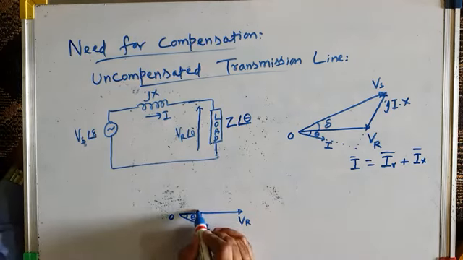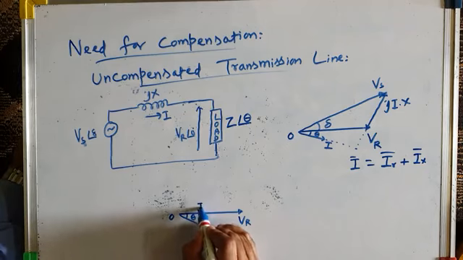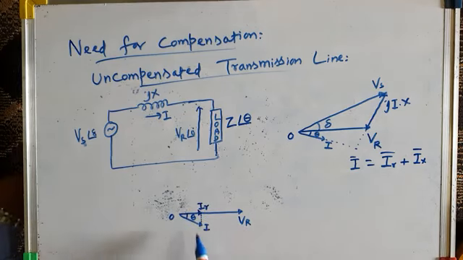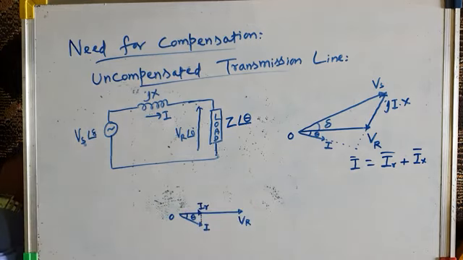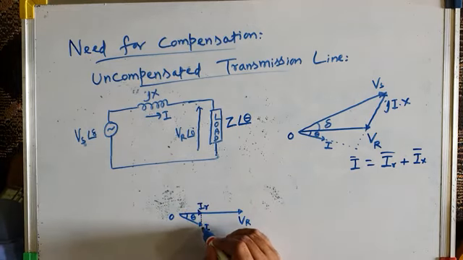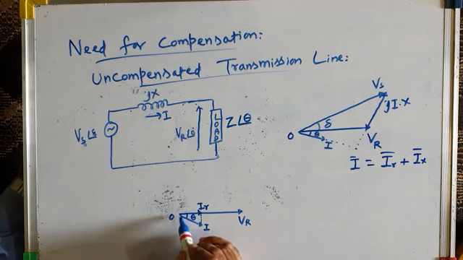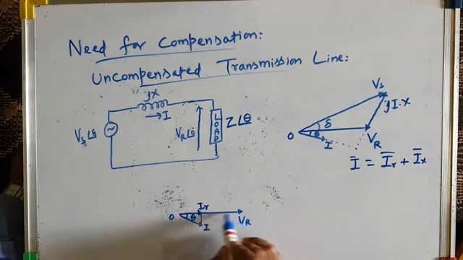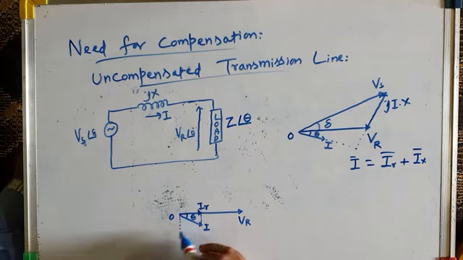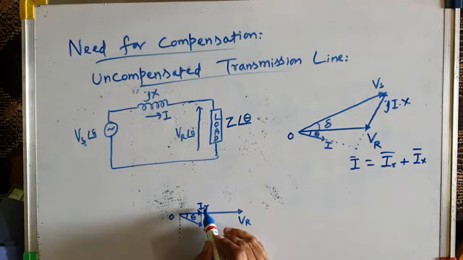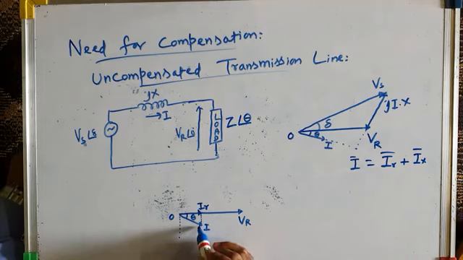The in-phase component, let us call it IR, where R stands for the resistive component, is in phase with the voltage and determines the active power transfer to the load. The current also has a reactive component IX, at 90 degrees with respect to the voltage, which represents the reactive power. So IR represents the active power, and IX represents the reactive power.